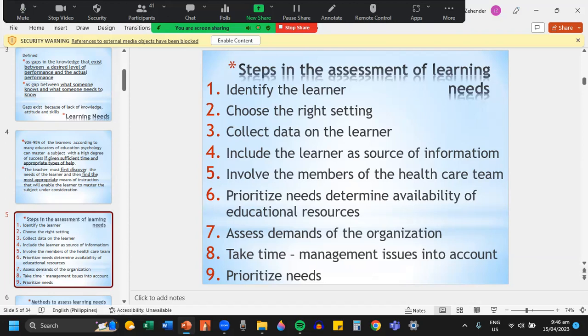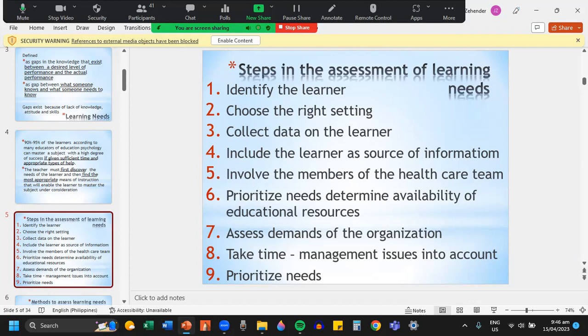Next, include the learner as a source of information. Definitely, most students come with some stock knowledge of the subject prior to the start of the official lesson.